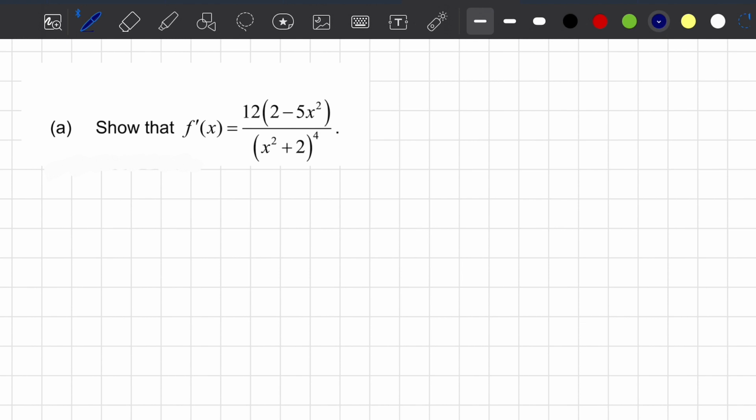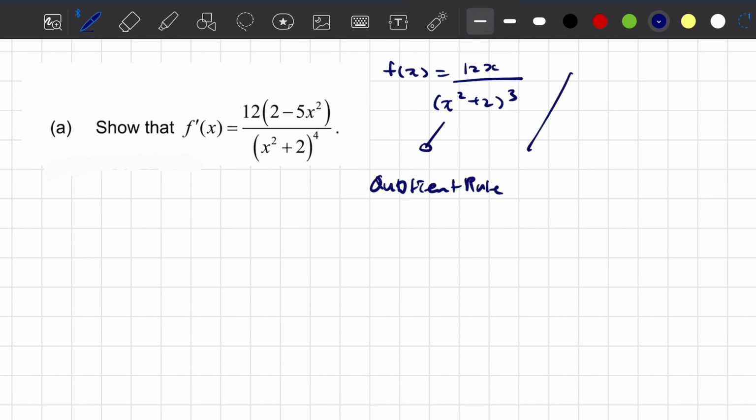Here I have question A copied. We have the original function f of x equals 12x over (x squared plus 2) to the power of 3. To differentiate this function, we can use the quotient rule, or we can change the format of this function to f of x equals 12x times (x squared plus 2) to the power of negative 3 and use the product rule.